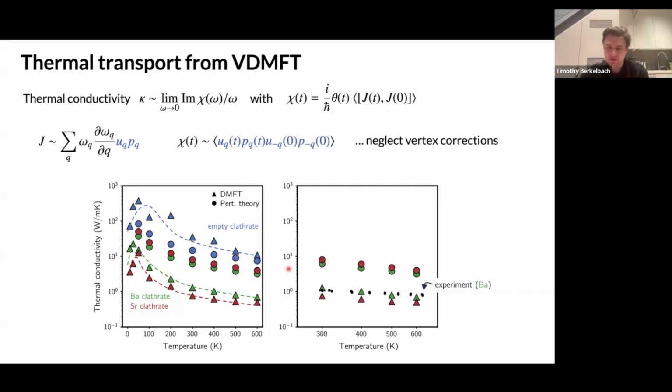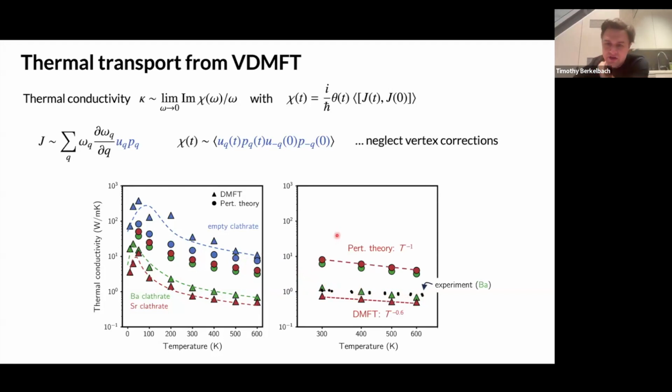If I show you just the high temperature results for the thermal conductivity, here the black dots are some experimental results for the barium compounds, which you can see agree, probably fortuitously, well with the green triangles, the DMFT result.